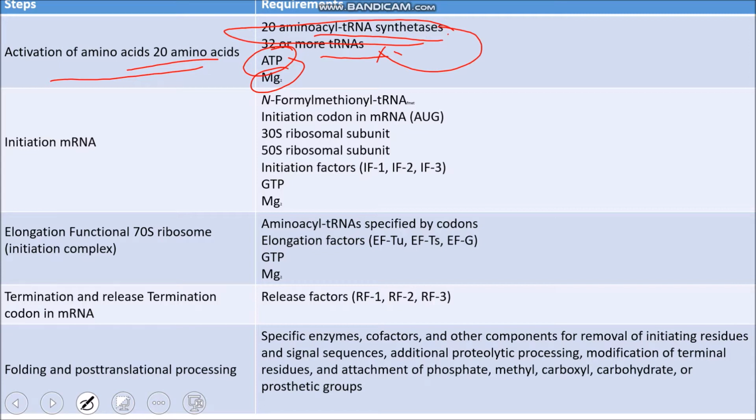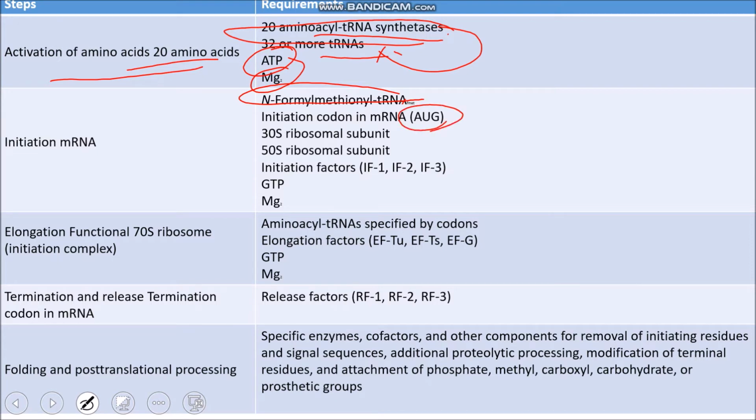Then comes the initiation, where protein synthesis will be initiated. The first amino acid in all cases will be methionine. In prokaryotes, it is not normal methionine, it is formylated methionine. So we require formylmethionine loaded on the tRNA. Then we require the initiation codon on the messenger RNA, that is called AUG.